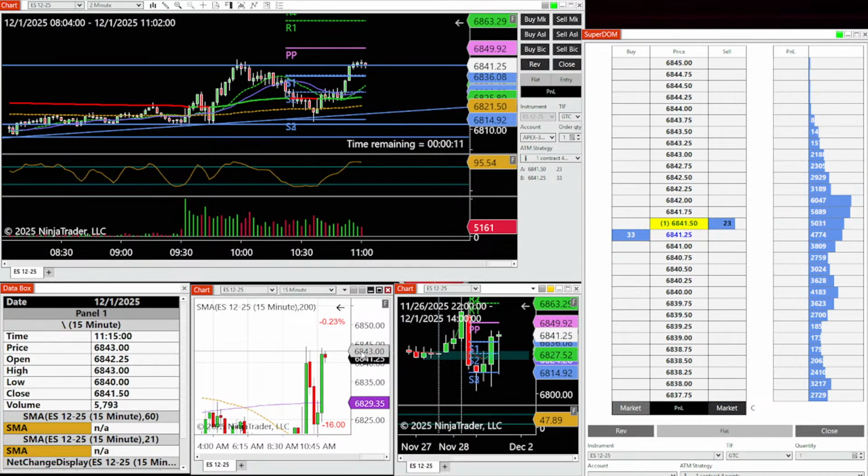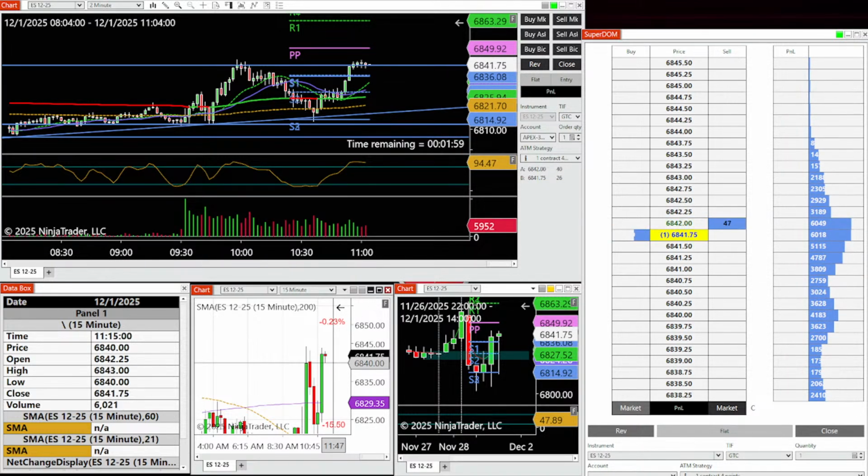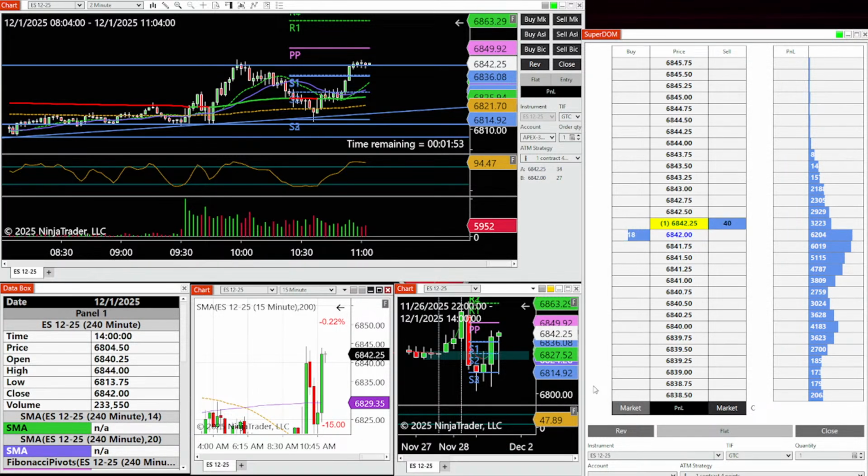What is it looking like? Holding a 40. Are we getting a push up? 42.